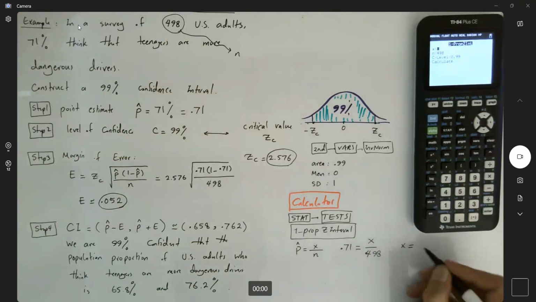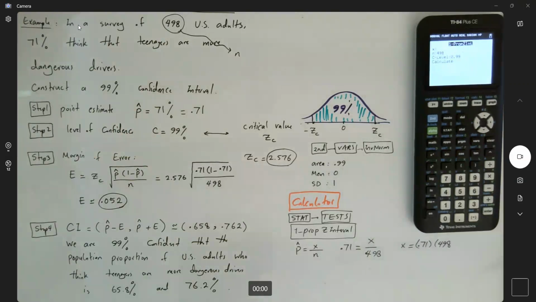So now you need to find your X value. X is 0.71 times 498. Let's do the calculation. X, the number of people who said yes, is about 353 people.